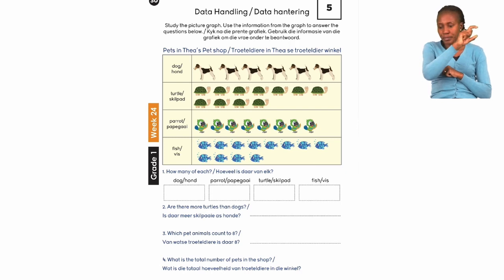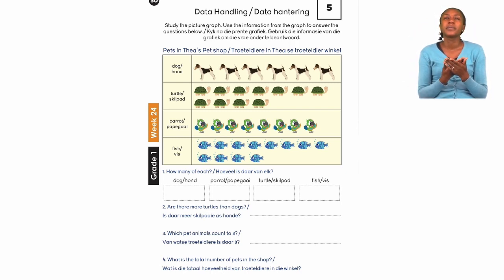Now, the picture graph is the one in color right at the bottom of the instruction. Let's go back to the instruction. It says, use the information from the graph to answer the questions below. One more time. Use the information from the graph to answer the questions below.